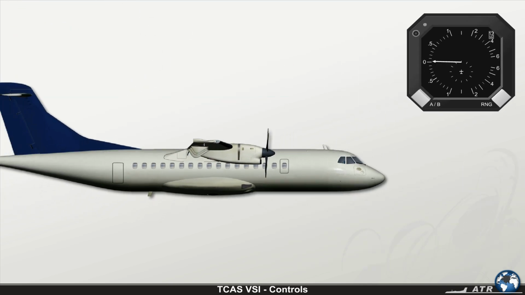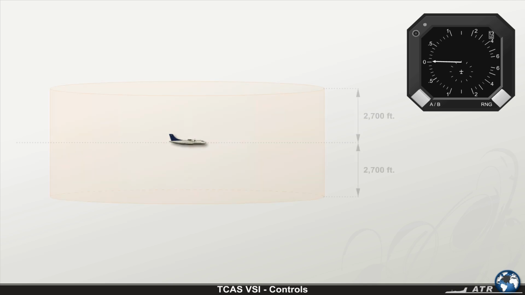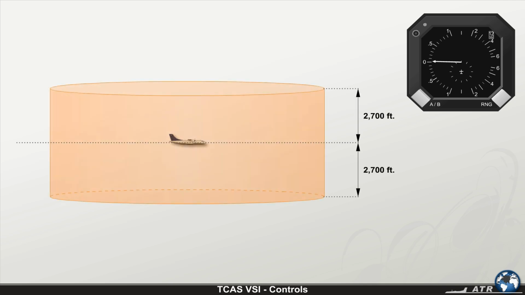The normal TCAS surveillance for traffic is from 2,700 feet below the airplane to 2,700 feet above the airplane, present position, and no message is displayed on the instrument. The extended altitude surveillance status, or simply ABV/BLW push button, allows the surveillance range to be increased above or below the airplane normal view.